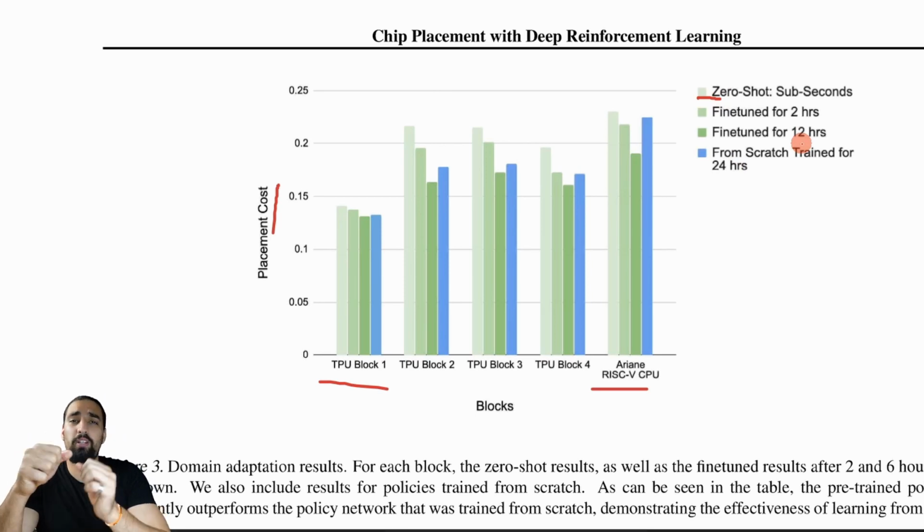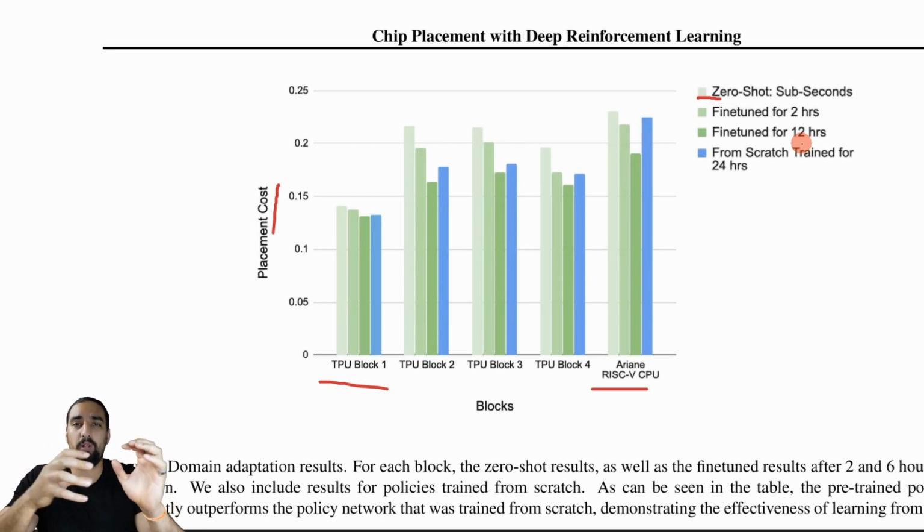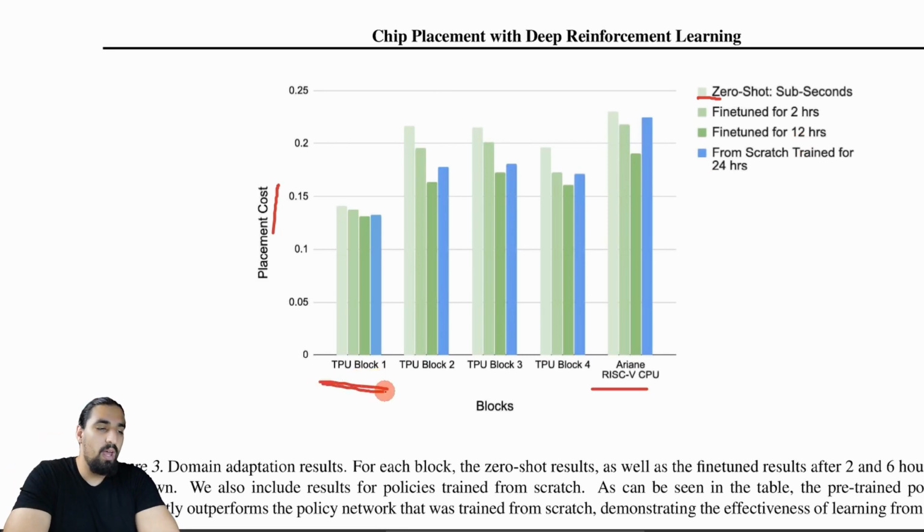So what they do is they take the whole system you saw with the policy network, value network, and graph neural network, and they train it on maybe, for example, 20 different chips. And now they take that network and just apply it onto a new chip, like this TPU block 1. If they don't fine-tune it on the block itself, it's just zero shot.